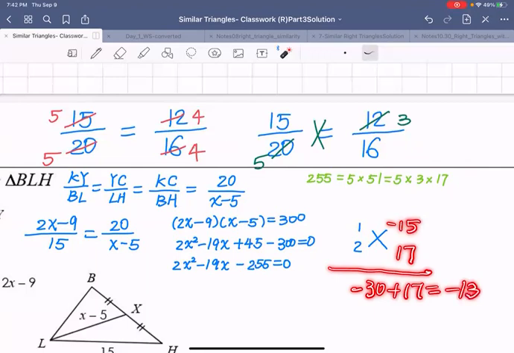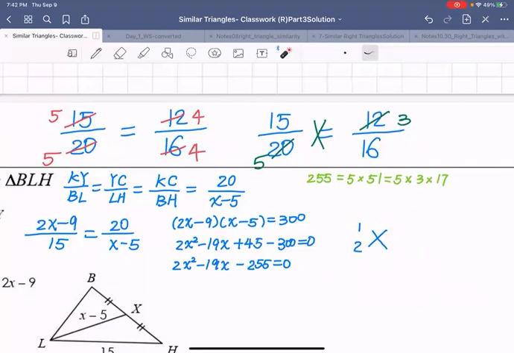Oh, this is wrong again. What else can we try? Can we switch? Yeah. Let's switch. Which one you want to put a negative? 17. Yes.